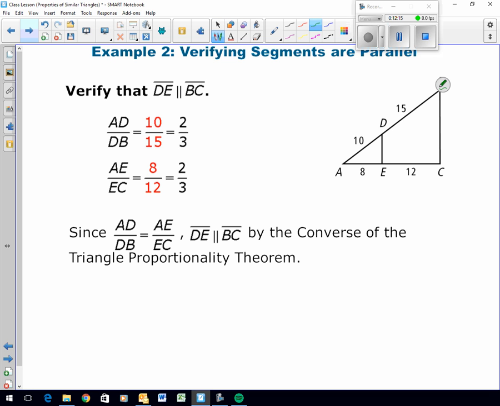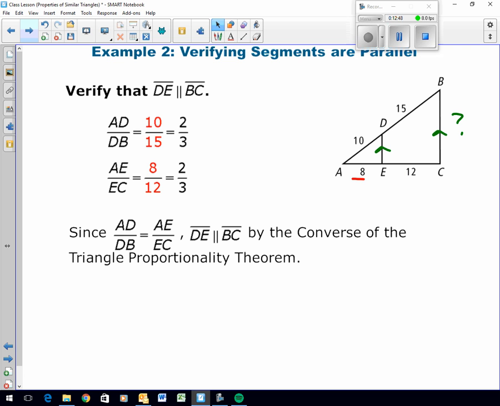If I'm trying to figure out if DE is parallel to BC, we don't know. Could be, could not be. I would do that by taking 8 over 12, coming up with its simplified ratio, and then taking 10 over 15, coming up with its simplified ratio. In this case, they're both 2/3.